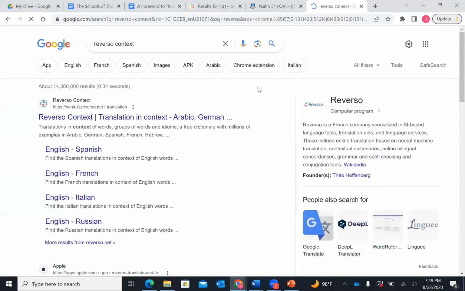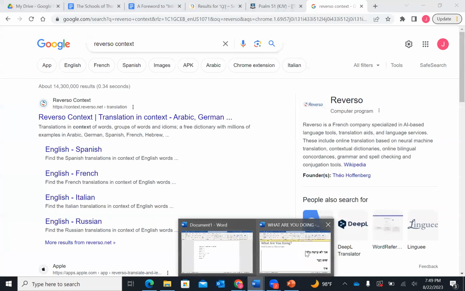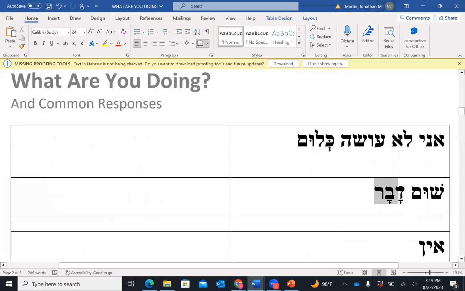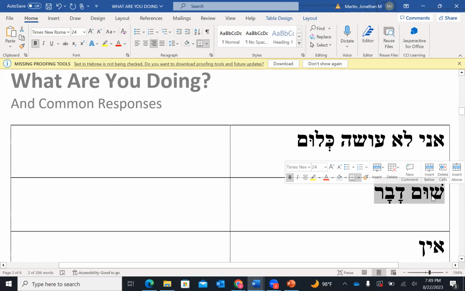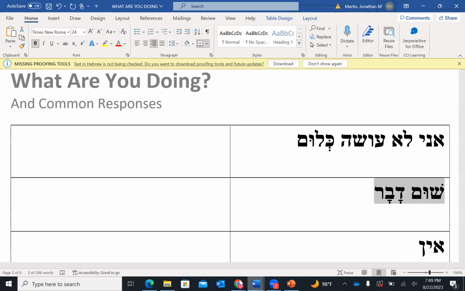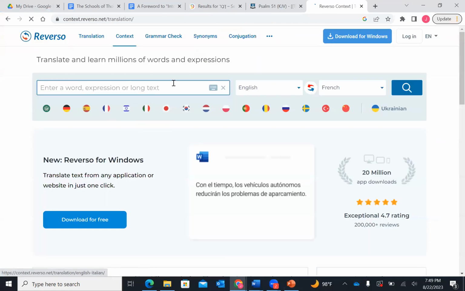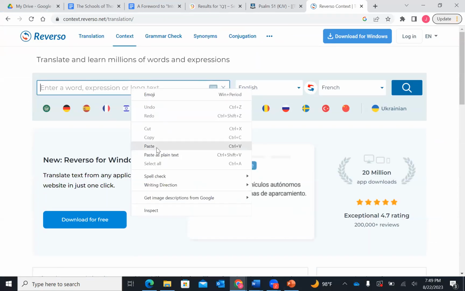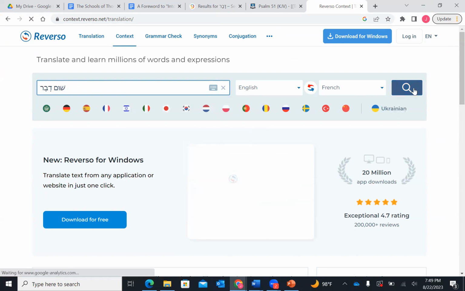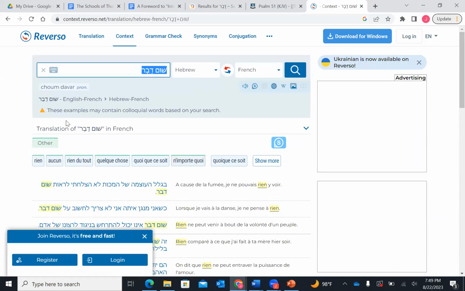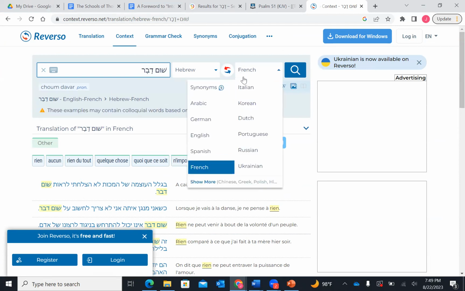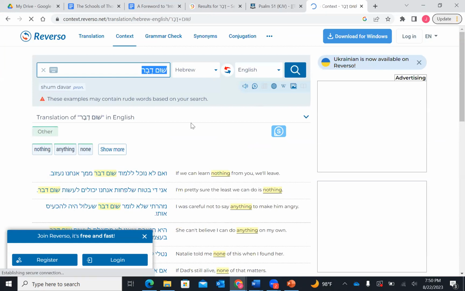Let me show you. Sometimes you can't put these words in there as a phrase because they don't like it. But this one here, Reverso Context, is good for putting phrases in there. So we're gonna search it out. We're gonna put it in English.